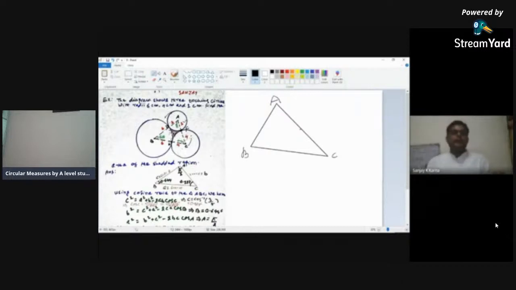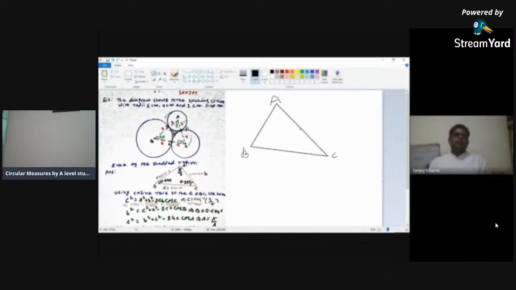Another thing is that if you can find the area of a sector, for example, the sector of the circle with center B, and similarly for the circles with center C and A, then it will be possible to find the area of the sector in each circle. Once you find the area of the sectors, then from the whole triangle, if you deduct all these sectoral areas, then you're left with the area of this shaded part.